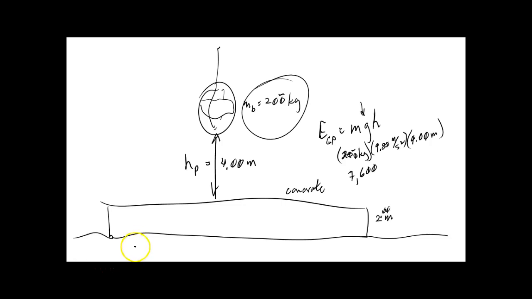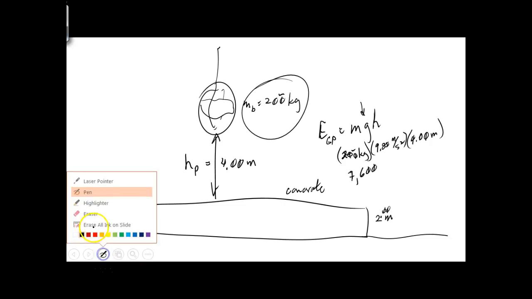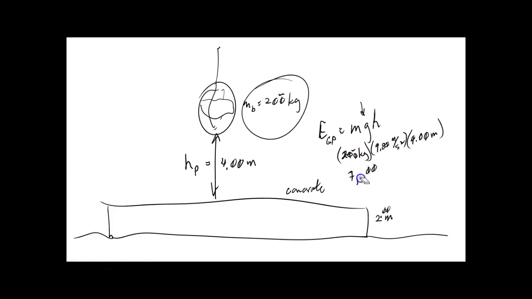7,840. Okay. What units? You got kilogram, meters times meters would be meters squared per second squared. But what is that?